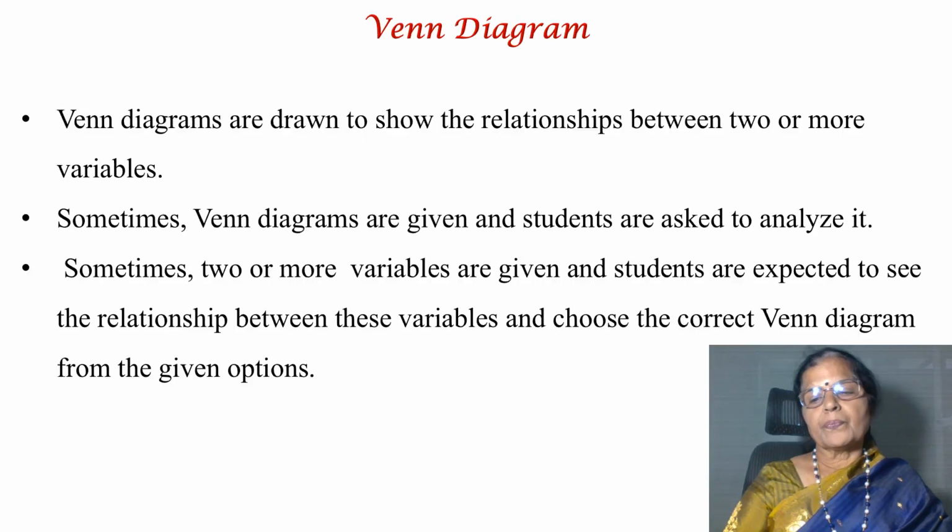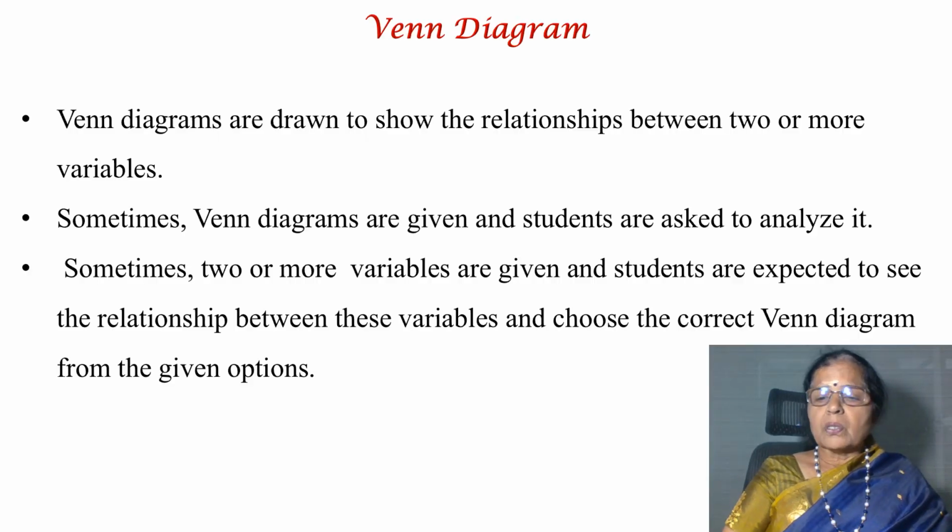Venn diagrams are usually illustrations of circles drawn to show the relationship between some group of things or between two or more variables. Usually in a question, the Venn diagrams are given and the students will be asked to analyze and read them and answer the questions.